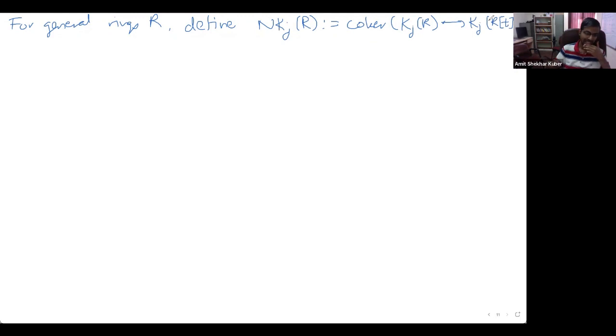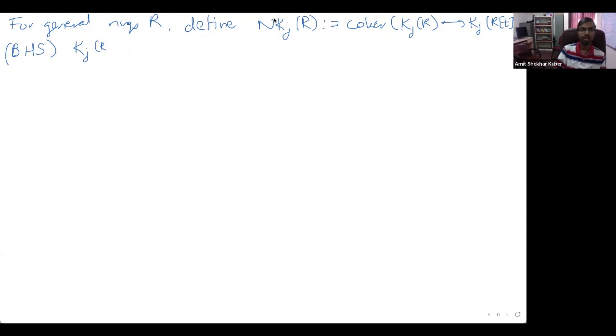Then Bass-Heller-Swan turns out to be this statement. In a more general form, they also proved something for all rings, that K_j of R has two more factors in general.